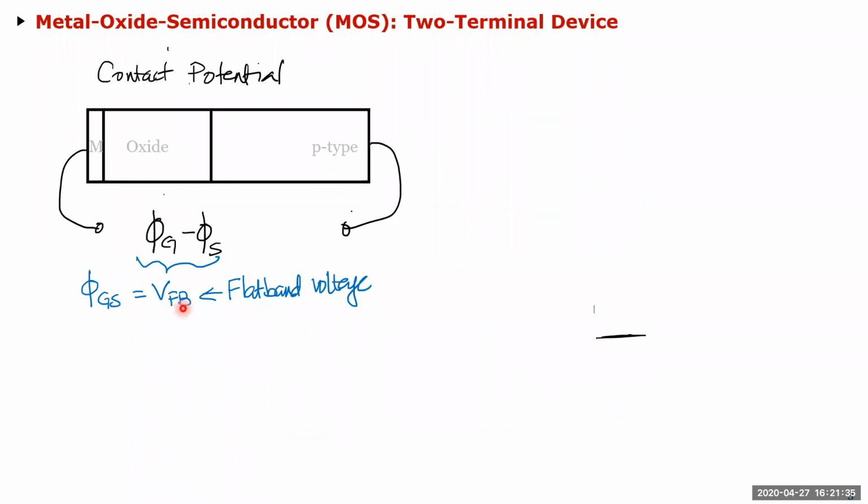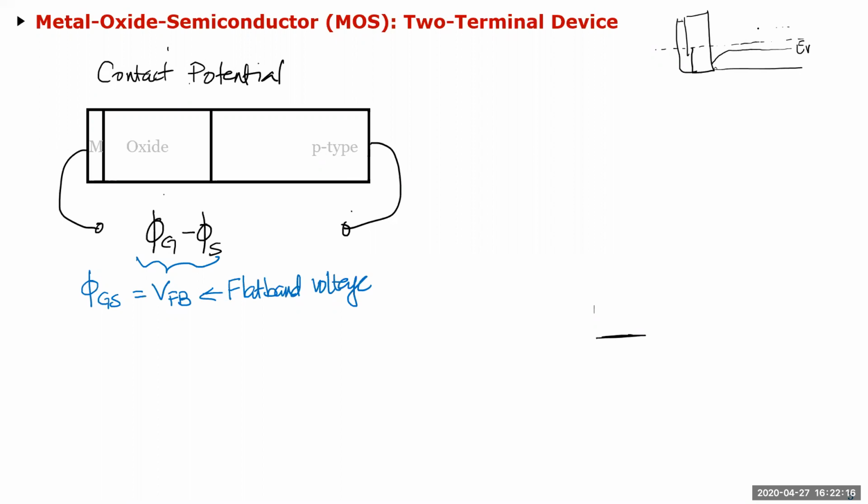Now it's called flat band voltage. I won't go into the band diagram explanation of it, but typically when you join two materials, maybe I'll just quickly draw this. If I draw the band diagram, you have the oxide layer here and you have the metal here, and on the P side, you have the valence band, which will be flat like this, and it will bend slowly towards the oxide, just to make the Fermi potential the same. Remember, anytime we take a composite material, the Fermi potential has to be the same throughout, right?